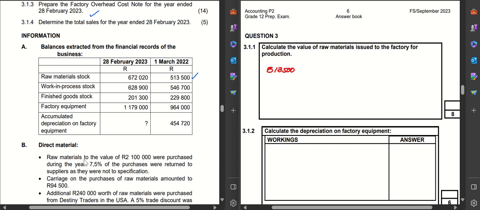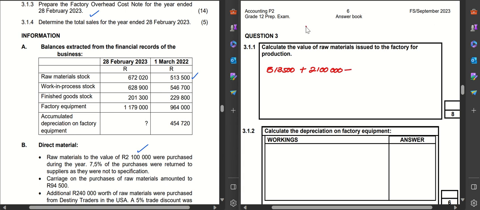Then it says raw materials to the value were purchased. So I'm going to say plus purchases, that is 2,100,000. Then I am told 7.5% of the purchases were returned. That means I must subtract returns.